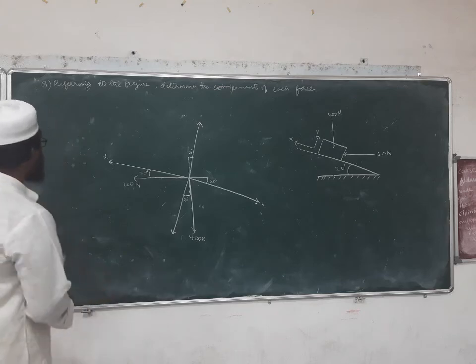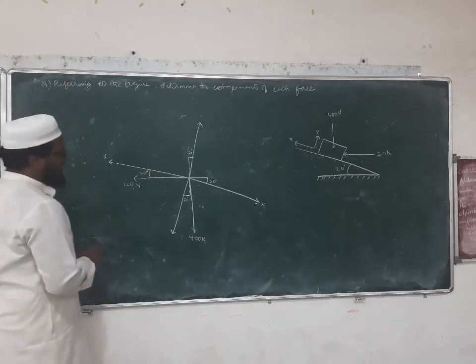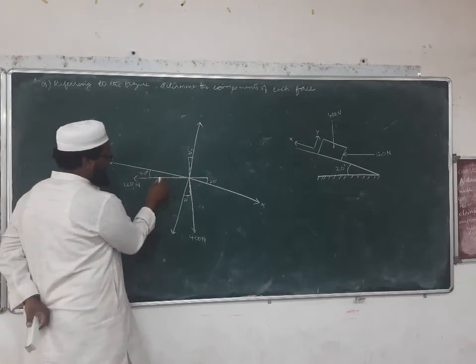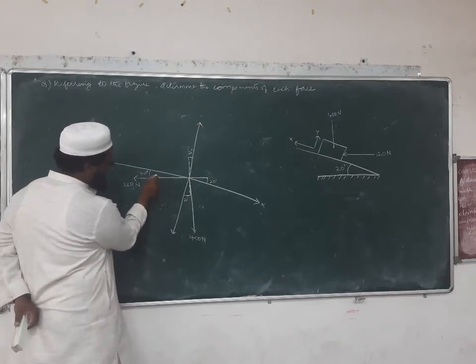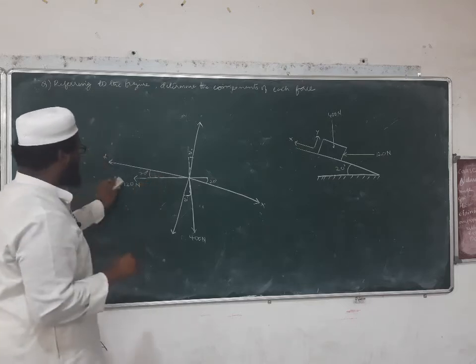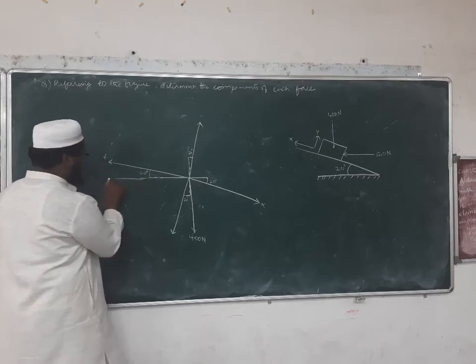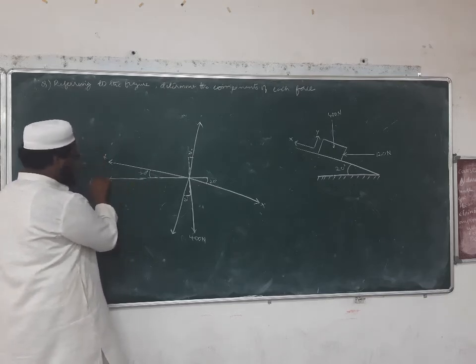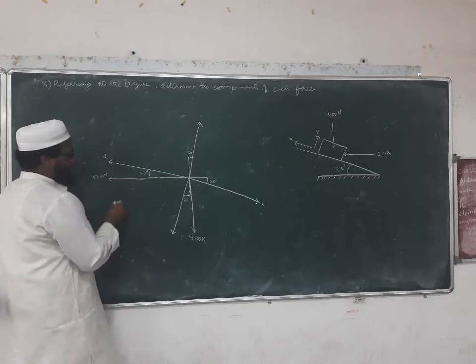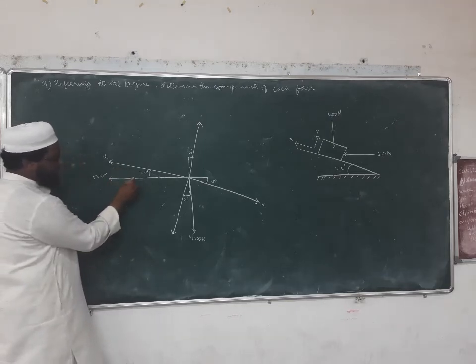So now I will try to take down the components. How will you draw the components? See here, this is going in the upward direction. So I will project this line a bit far so that you will understand. This is 120 Newton. So my x component will be parallel to this axis. Okay, so it should go like this.